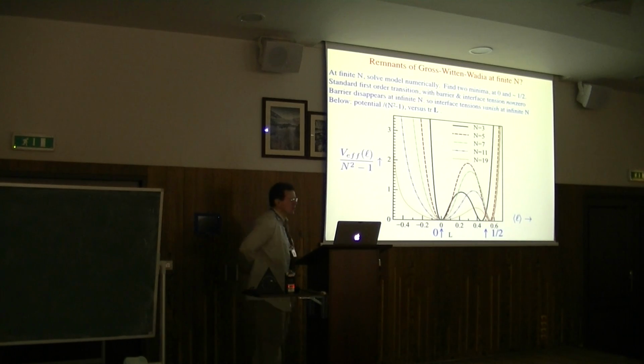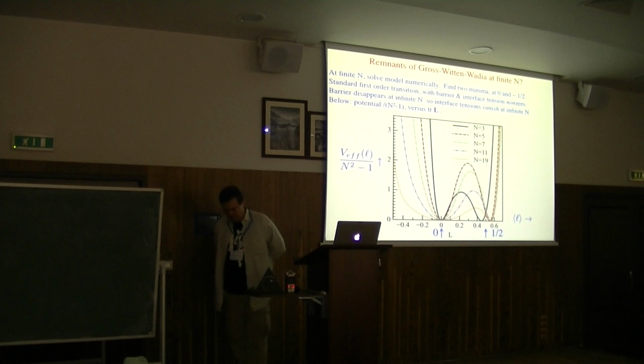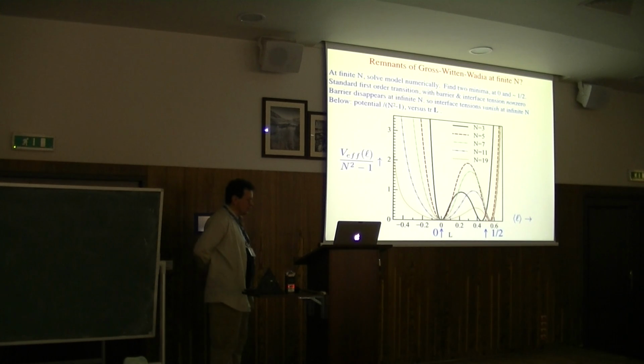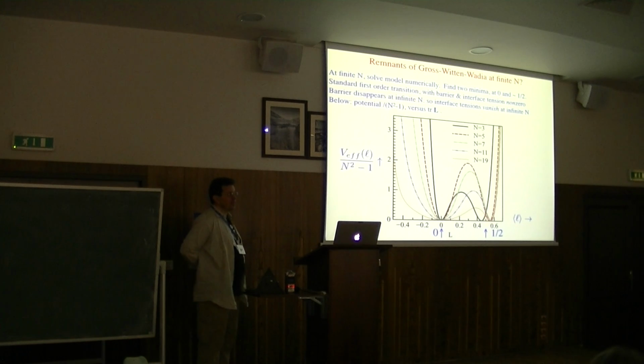Perhaps another way of stating your question is why is the expectation value of the adjoint loop so small in the confined phase? If you just look at the Z3 symmetry, there's no reason why it should be small. And I think there, the simplest way of understanding it is if it's based upon some matrix model.